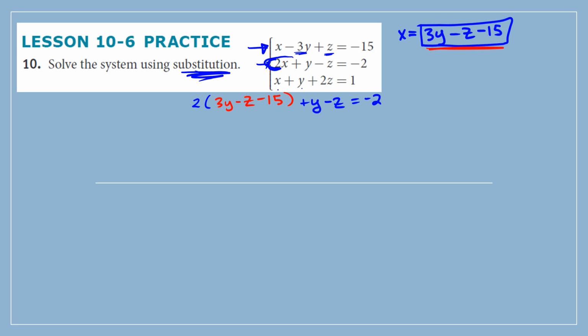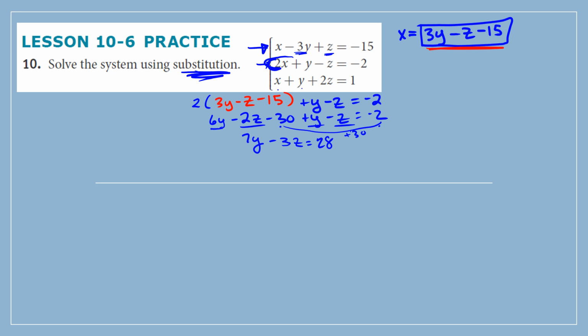If I clean this up a little, I would have 6y minus 2z minus 30 plus y minus z equals negative 2. You can see there's just a lot of pieces to it. If I combine like terms, 6y and y give me 7y. Negative 2z and negative z give me negative 3z. And if I add 30 to the other side to get rid of it, I would have equals 28.